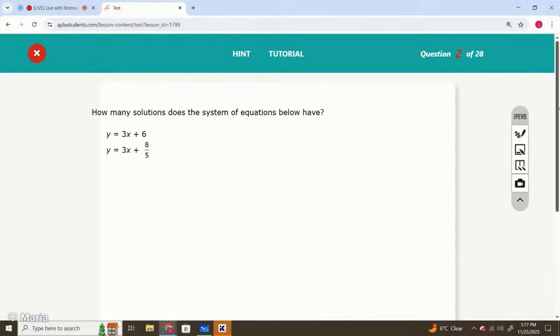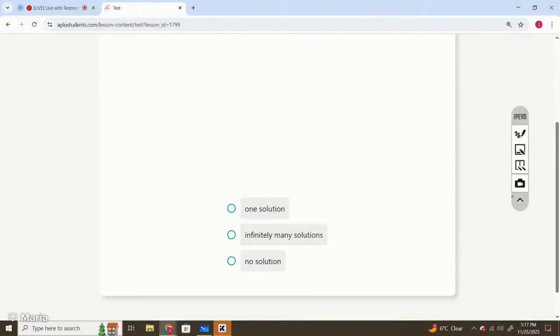So both the equations have the same slope and different y-intercept. That means the system has one solution.